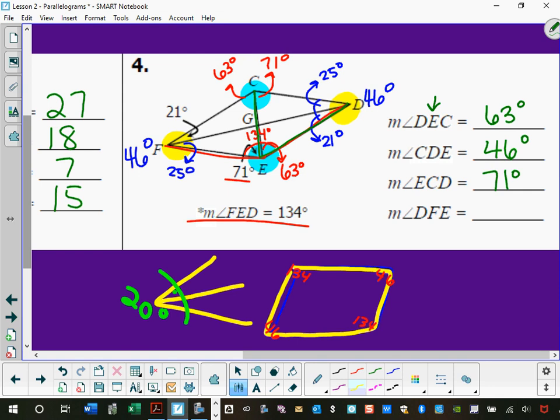And then DFE. So from here all the way down. So we're basically going here, down, and then to E. So what is this corner angle? 25 degrees. We have to know how to read our angles at this point. Any questions on number 4?